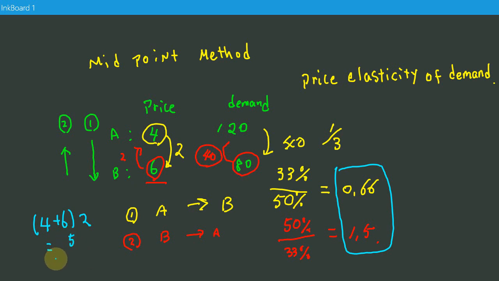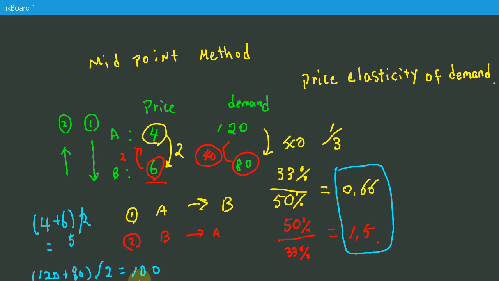What about quantity? This one, 120 plus 80 is 200, right? Divided by 2 is 100.